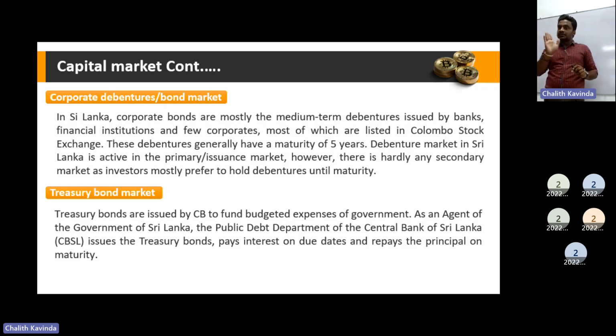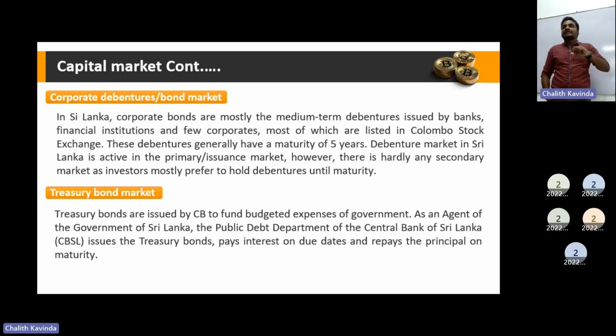The company can issue shares and also something called debentures. This debenture market considers that particular aspect. We are going to discuss debentures in our next lesson as well.